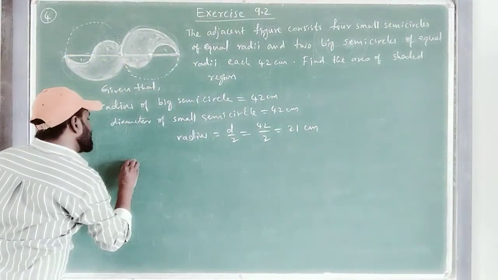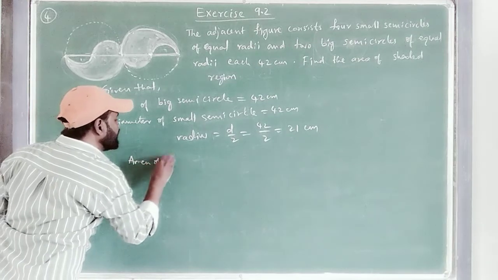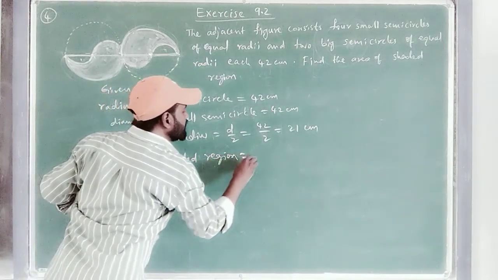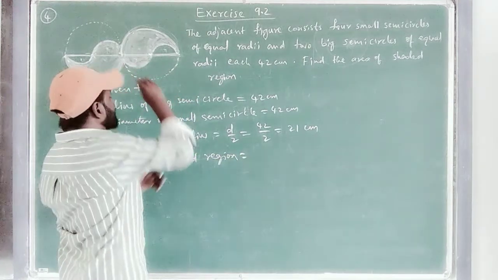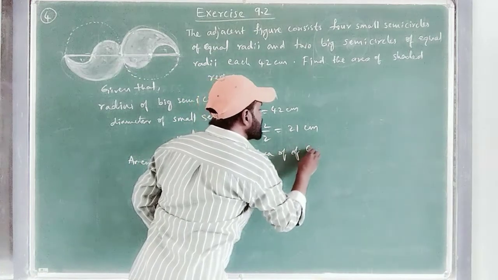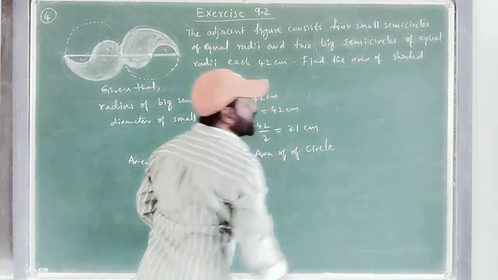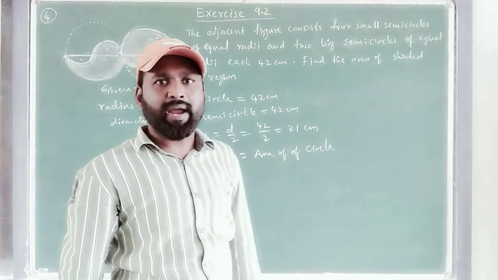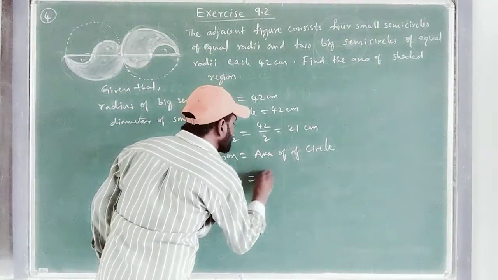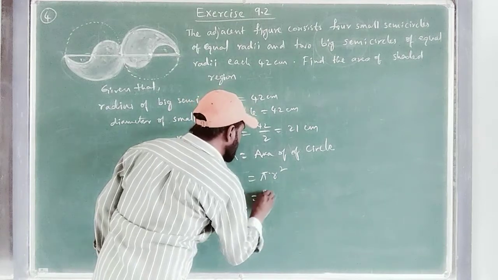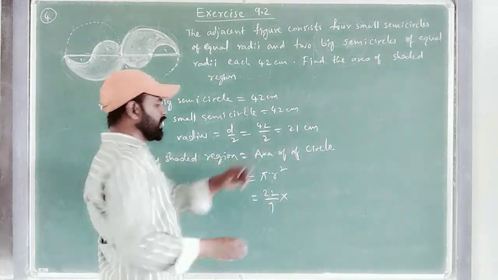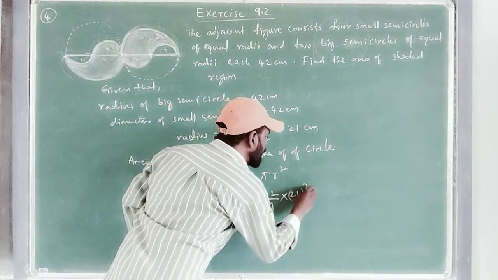Now, area of the shaded region, which is nothing but the area of the circle. The area of the circle formula we know is pi r square. So pi into r square, where pi is equal to 22 by 7 and r is equal to 21, so 21 squared.